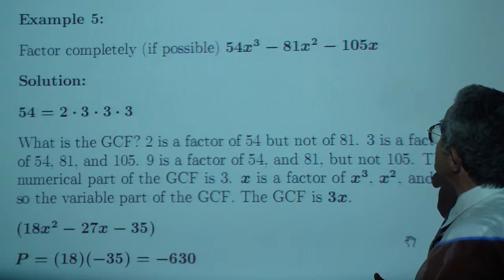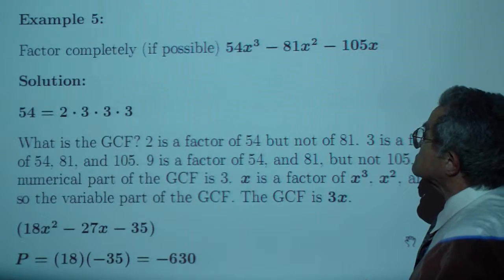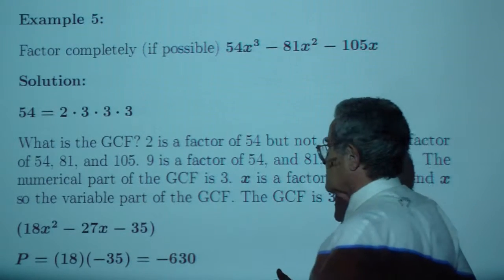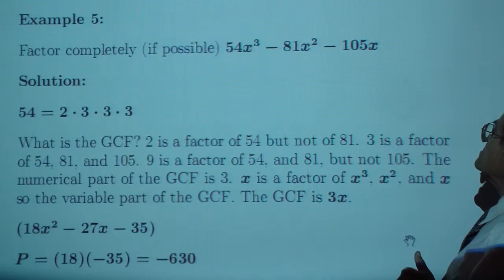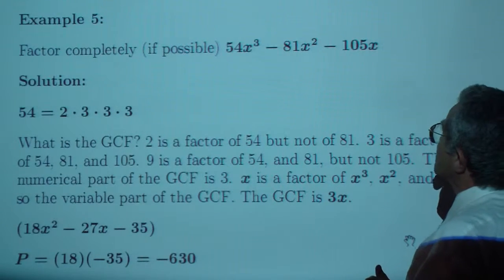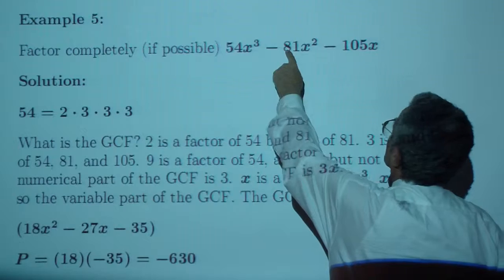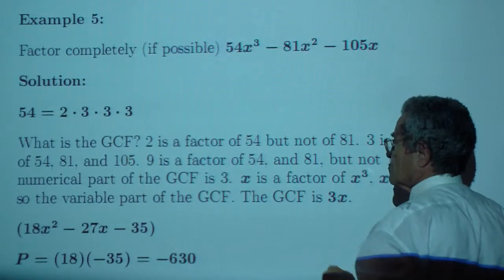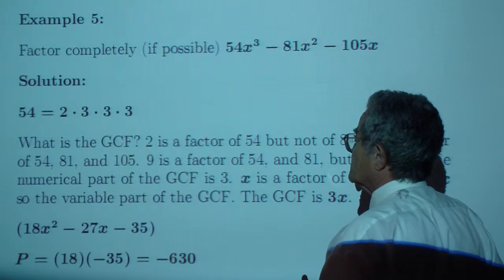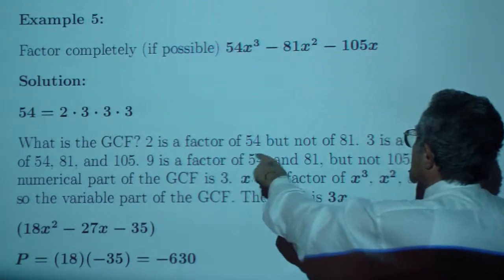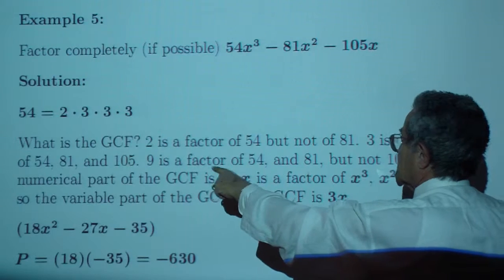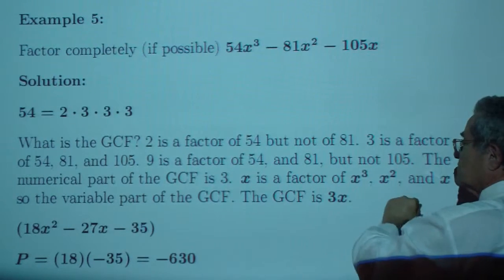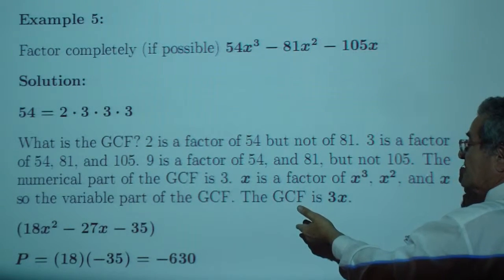Ooh, I say 18. I say 18 is the greatest common factor. No, 18 is not going to go in here. So what do I want with 18? What's the greatest common factor? 2 is a factor, but not of 81. 3 is a factor of all 3. 9 is a factor, but not of this. 3 is the greatest common factor.